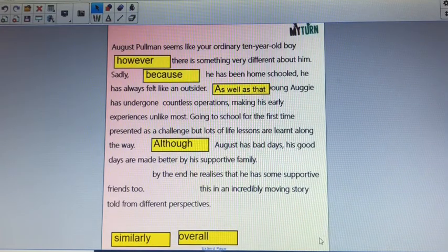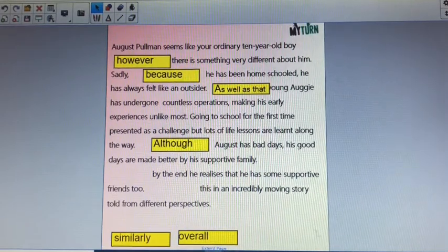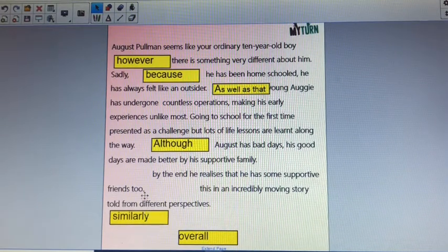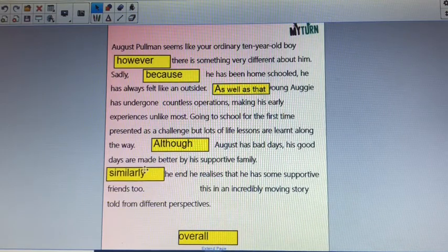Blank. By the end, he realises that he has some supportive friends too. That tells me that again we are comparing. We are comparing his supportive family to his supportive friends. So we're using a comparing conjunction that shows they are similar. So similarly would work here.